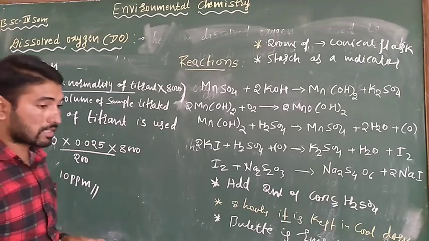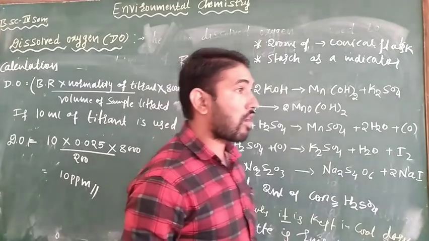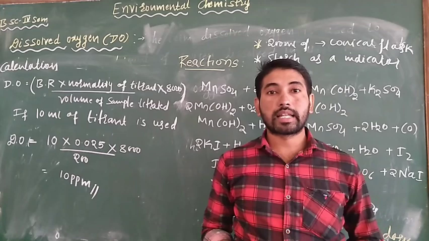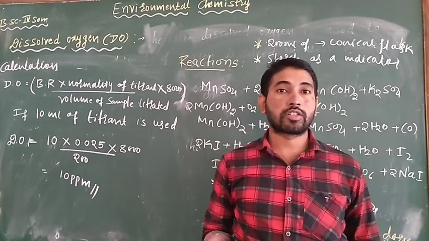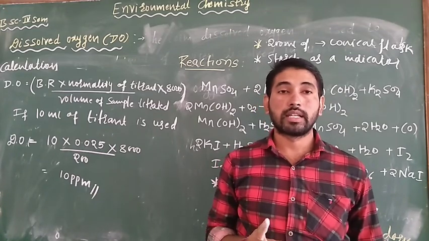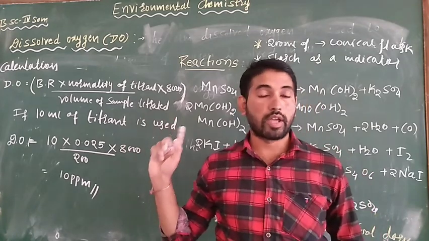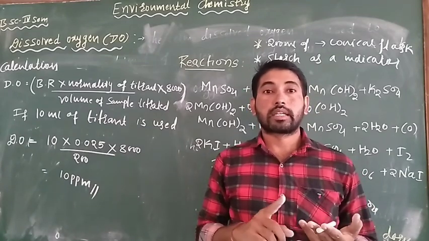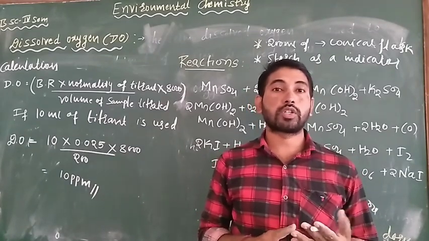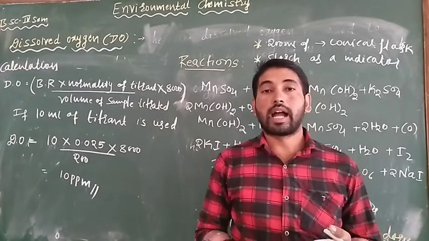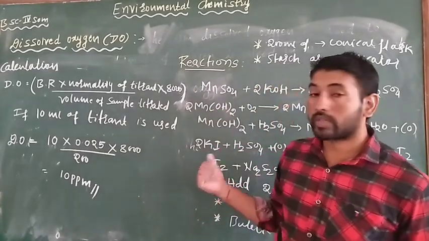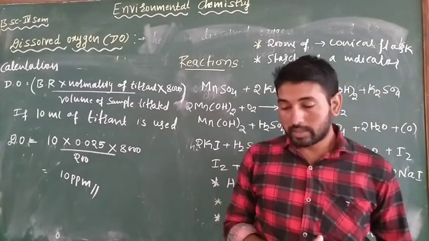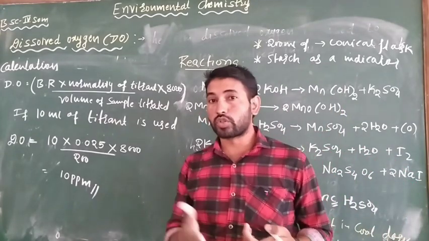If they ask for 5 marks, how do you determine dissolved oxygen in a water sample, or explain the Winkler method, first you have to write the principle of that experiment, the chemicals used in this experiment, and the reactions. Then go for the procedure, and you have to write your own procedure.